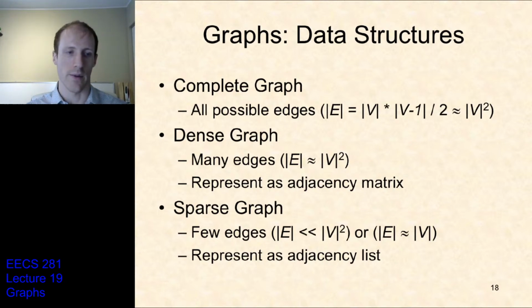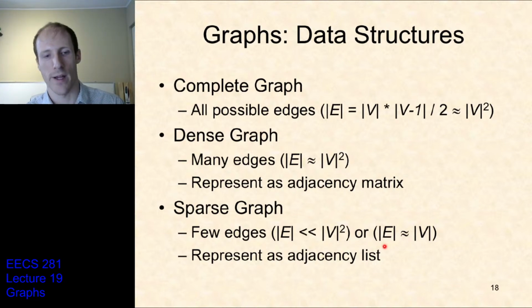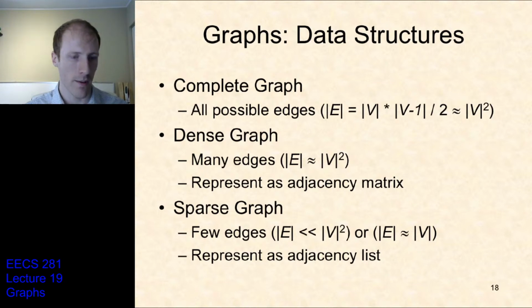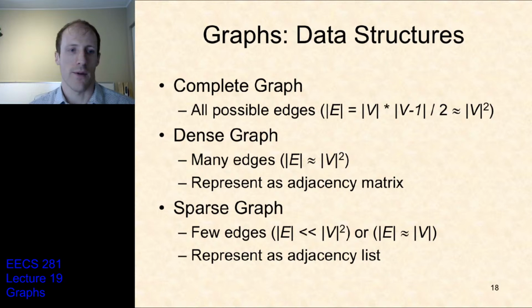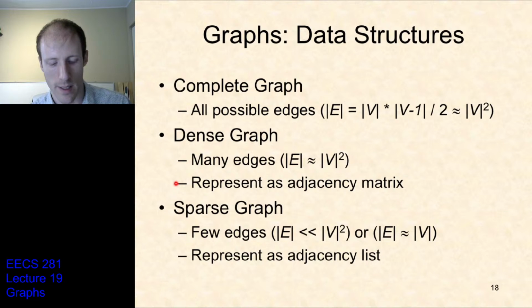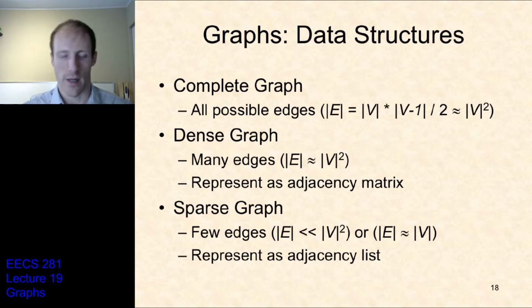And then on the other side of things, we can talk about a sparse graph where the number of edges is much less than V squared, or we could also say that the number of edges is proportional to V. And we're going to end up representing the dense graph and the sparse graph differently in memory. And we'll get to that later, but we're going to represent the dense graph as an adjacency matrix, whereas we're going to represent the sparse graph as an adjacency list. And we'll see what the trade-off is between those two representations later.